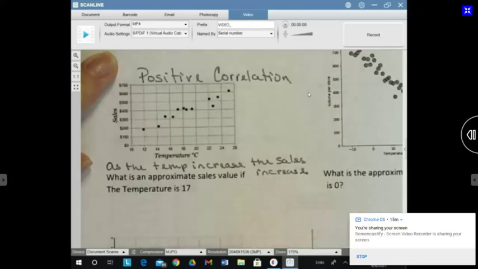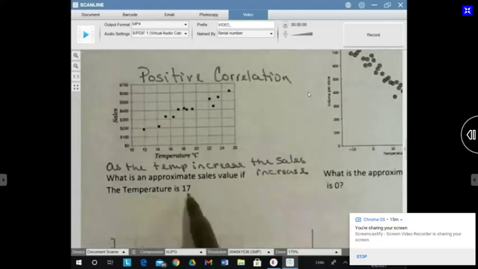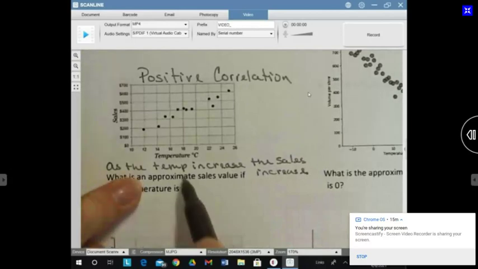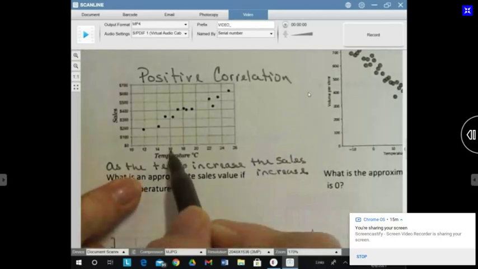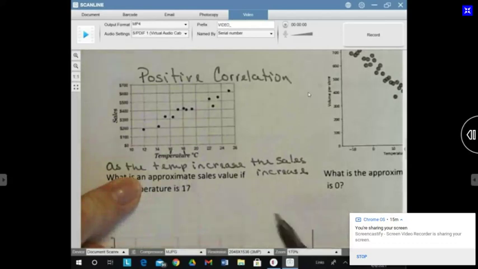All right, what if I am looking at the temperature about 17? Now here is 16, here is 18, so 17's in the middle.